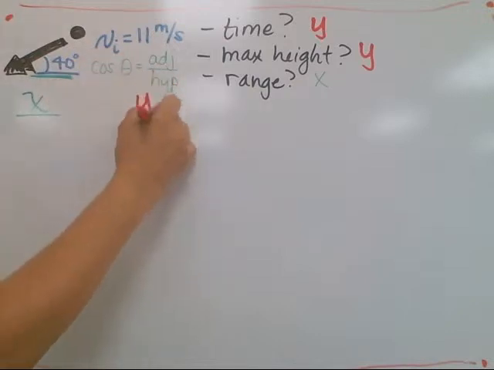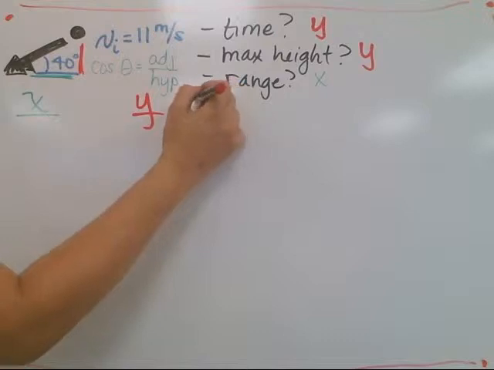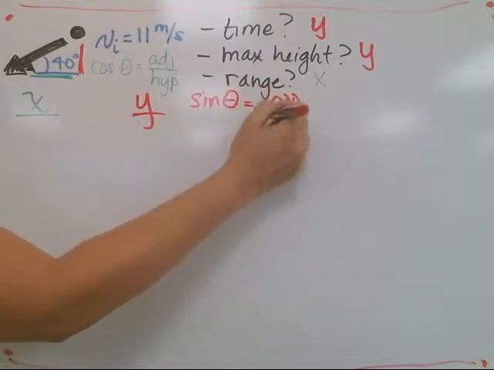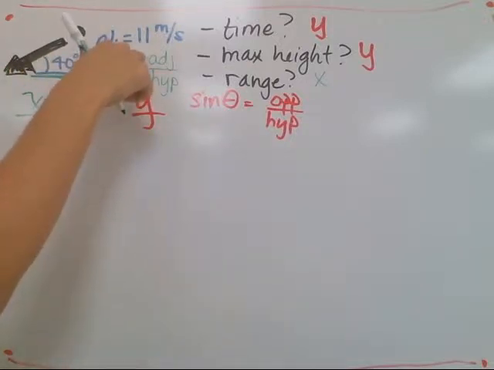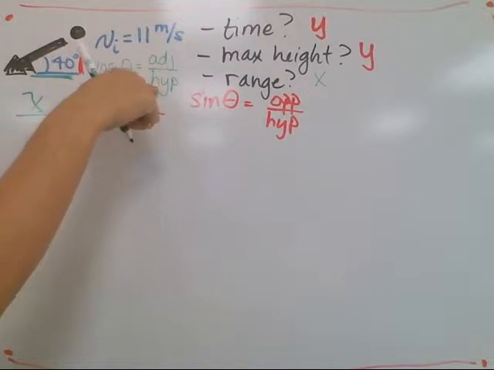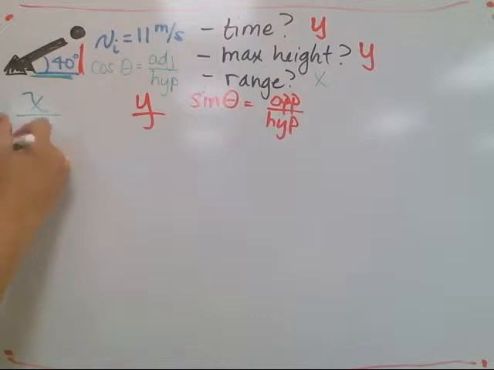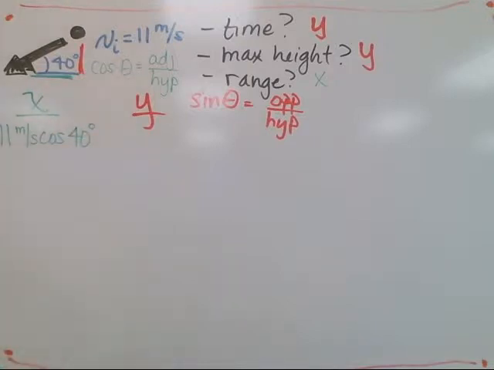If I were to look at the y component now, that is the opposite side. And I also know that sine of any angle is equal to the opposite side over the hypotenuse. So I can use both of these to break this up into components. To solve for the adjacent side, it's going to be the hypotenuse, or the entire magnitude of velocity, which is 11 meters per second, times the cosine of the angle, 40 degrees.